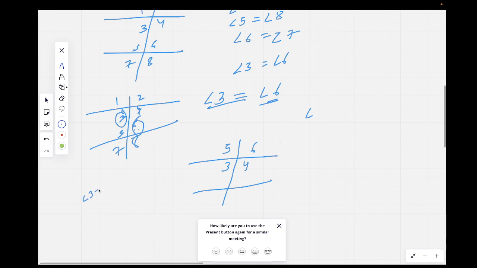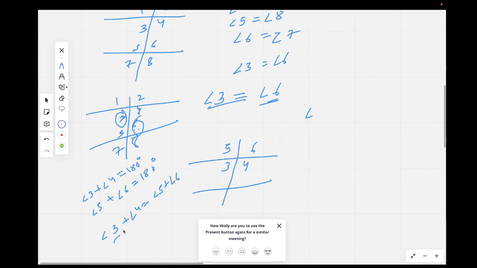Angle 3 plus angle 4 is equal to 180 degrees, supplementary angles. Angle 5 plus angle 6 equals 180 degrees. And we proved angle 3 is equal to angle 6. So that means these are equal. Angle 3 plus angle 4 equals angle 5 plus angle 6.